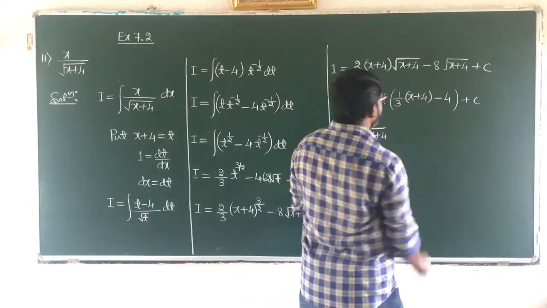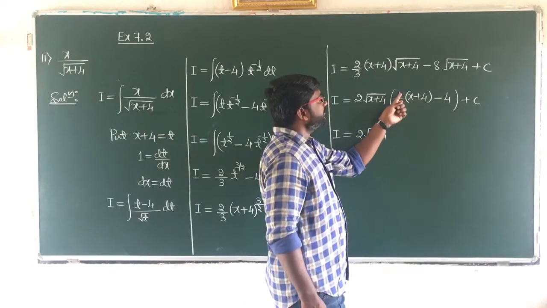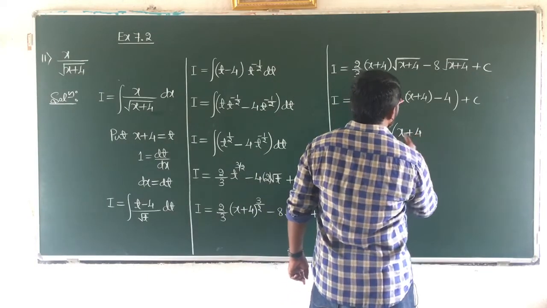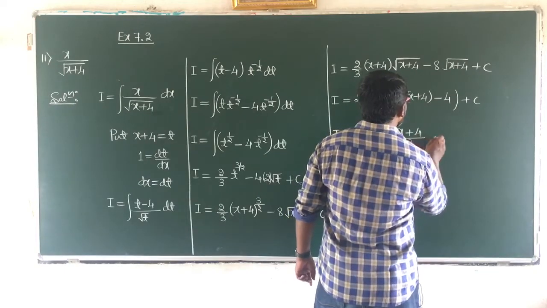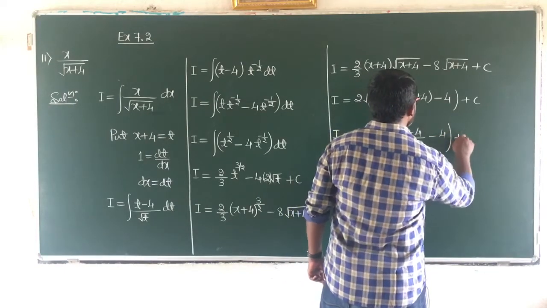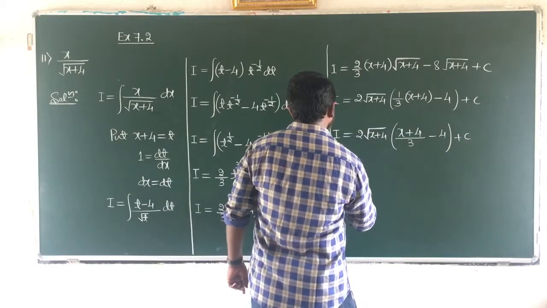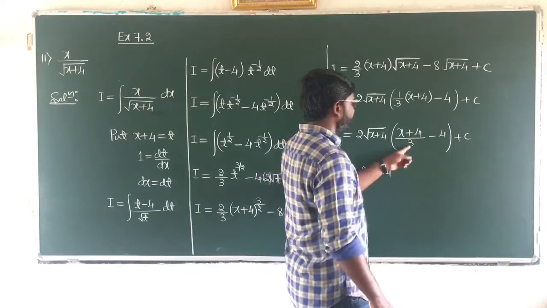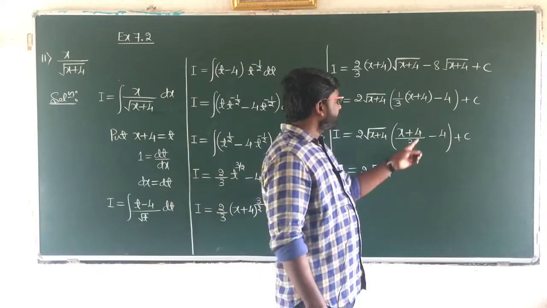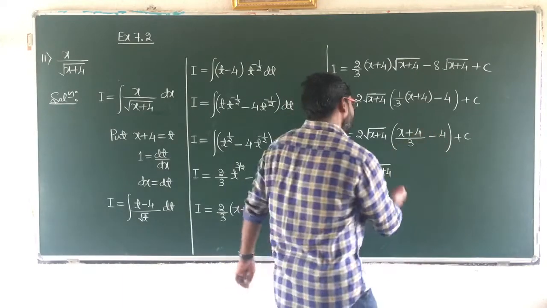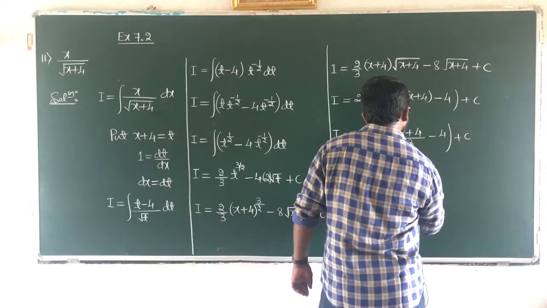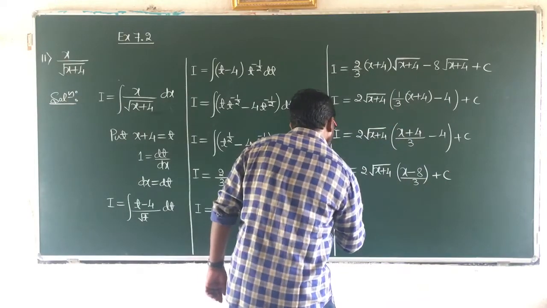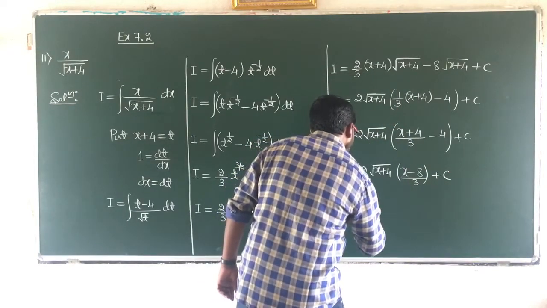So now let us simplify this. 1 by 3 into x plus 4 is x plus 4 divided by 3, minus 4, plus c. So now I is equal to 2 into the square root of x plus 4. So here 3 will be multiplied with 4, we get 12. So 4 minus 12 will be minus 8. So that is nothing but x minus 8 divided by 3 plus c, or else this 3 can be written outside. So it is 2 by 3.